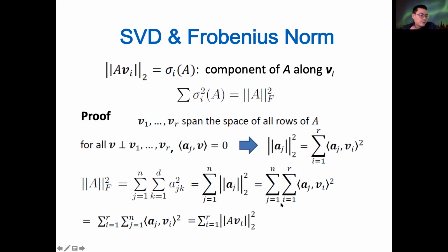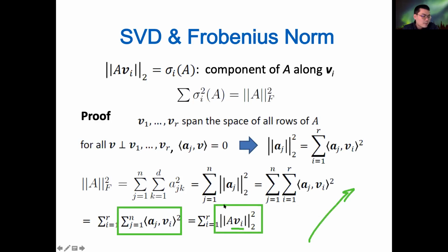And next we get this calculation. This is because we have shown you, what is this? This is really this. Basically, given a particular v_i, a particular dimension, A has a lot of different rows, and there are components along v_i, squared, and it takes the sum over all the rows.